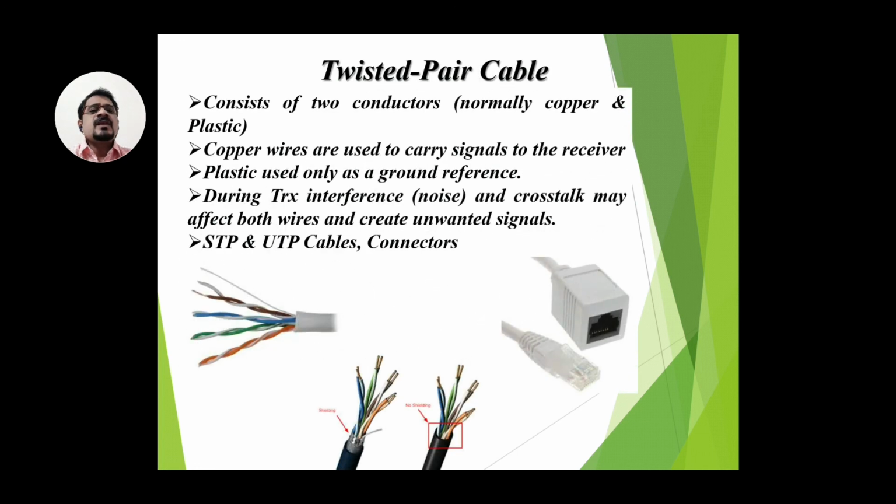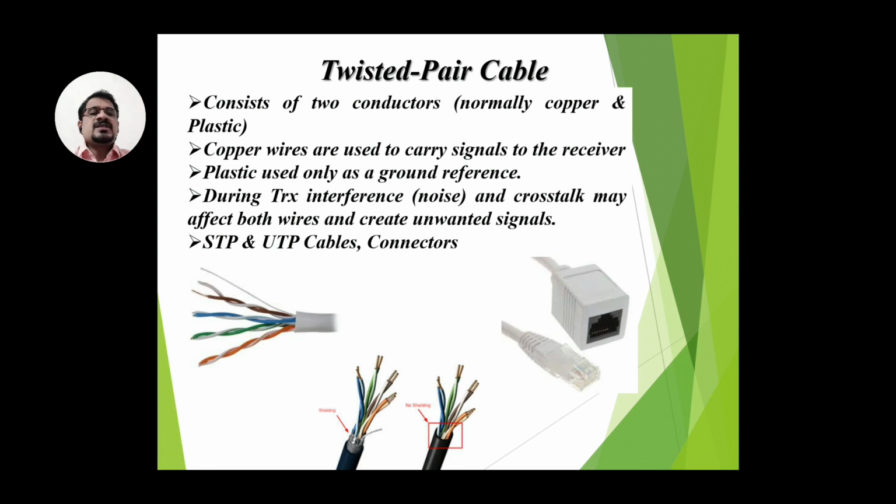Now first let us see the twisted pair cable. This twisted pair cable normally consists of two conductors, made of copper and plastic. We have all witnessed in our homes that the wires which carry our electricity lines, as well as our basic home networking devices, use twisted pair cables.